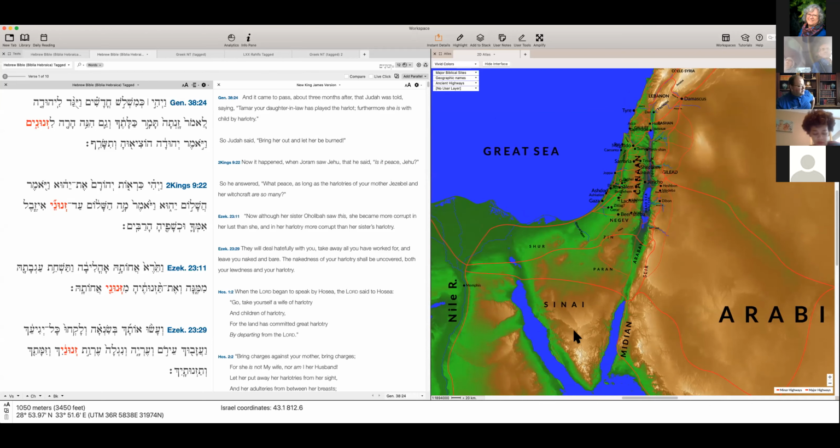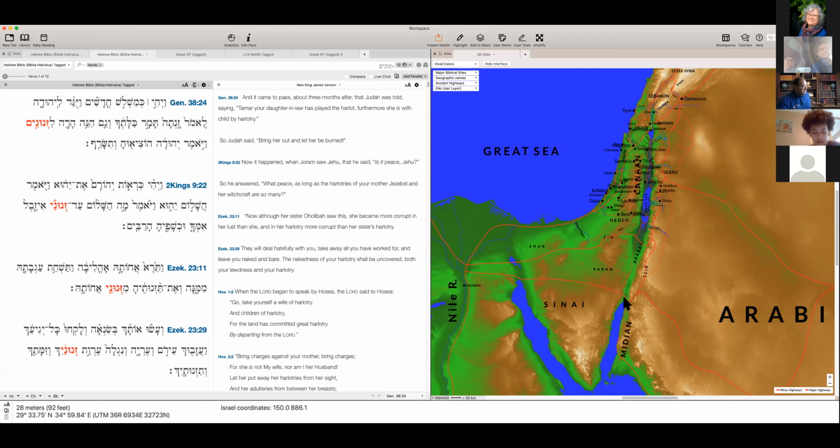So this point is called Horeb. Okay? So then they went, as it says, from Horeb. This is Horeb. This is where they were. That's Mount Sinai. And so they went up here because, we'll talk about this in a moment.